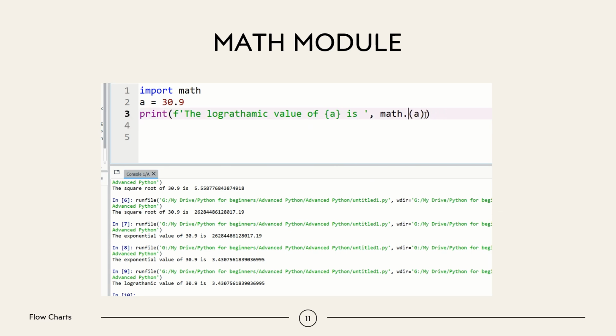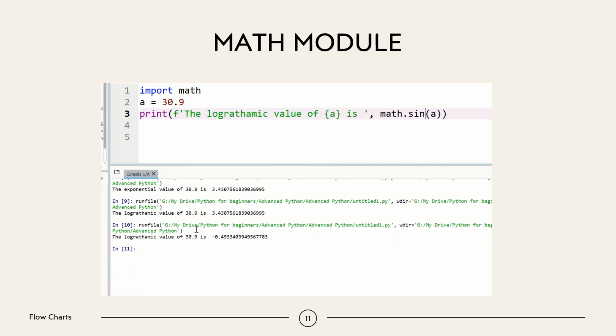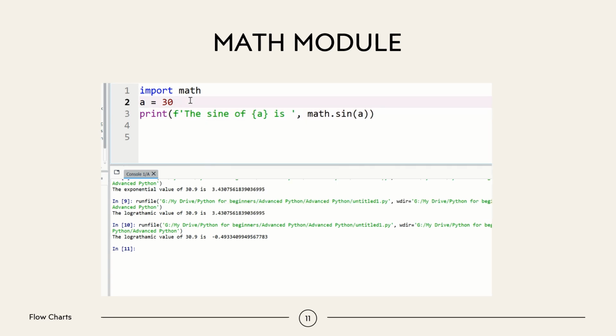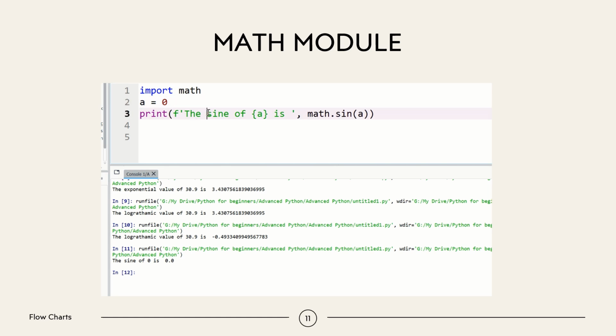So if you want to find sine A, you can do sine of A. If you want to do cos of A. If A is 0, what is sine 0?